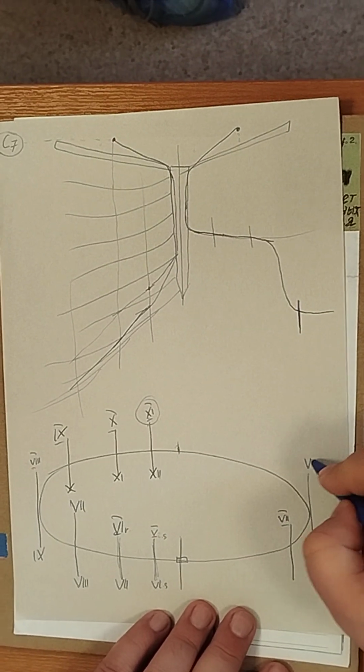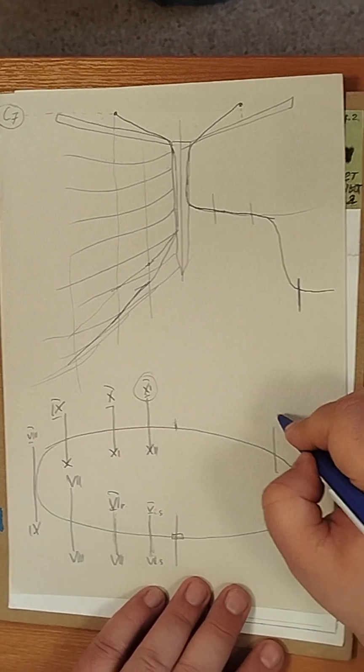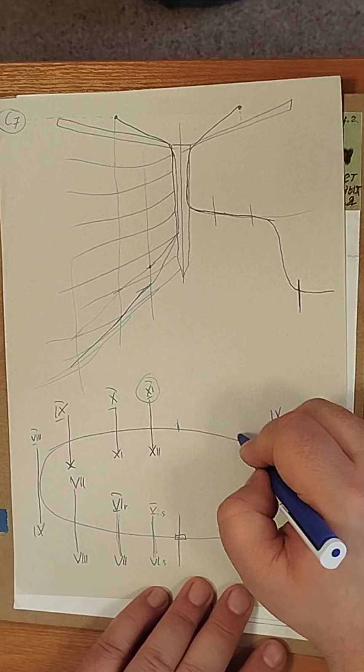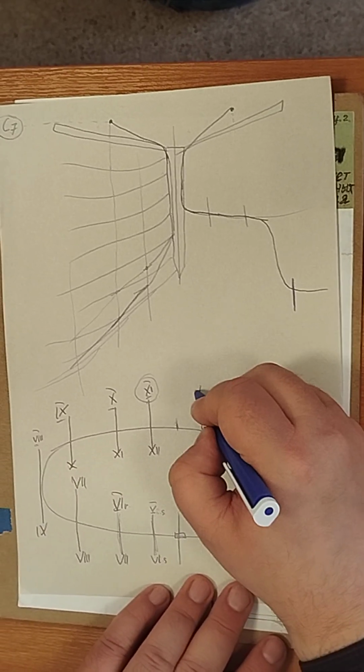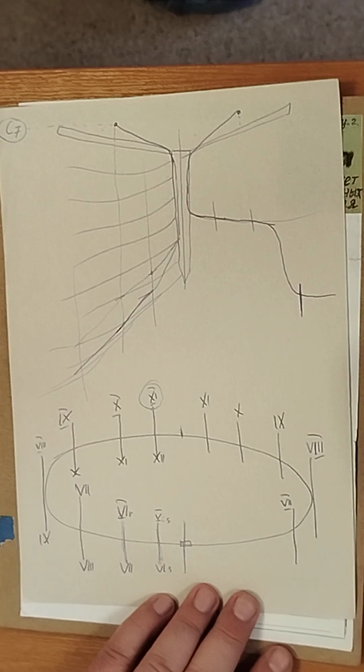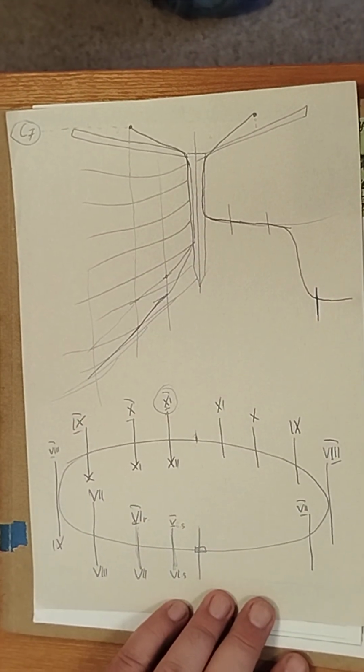Then mid-axillary line 8th, posterior axillary line 9th, linea scapularis 10th, and paravertebral line 11th. That is the same as on the right side.